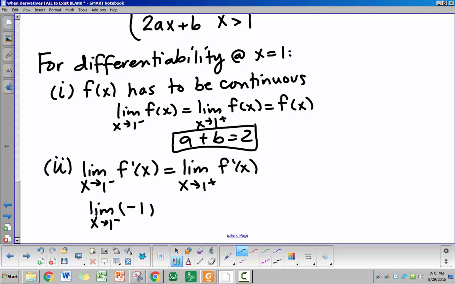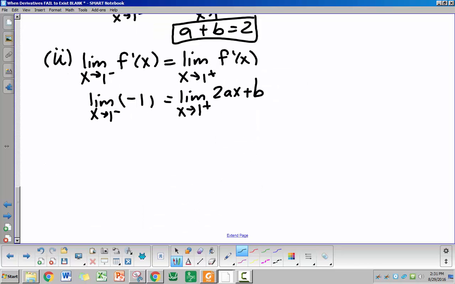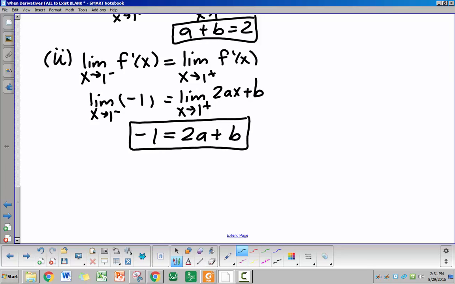It equals the limit as x approaches 1 from the right of 2ax plus b. So this would be negative 1 equals 2a plus b. So do we have two equations and two unknowns? Can we solve that?